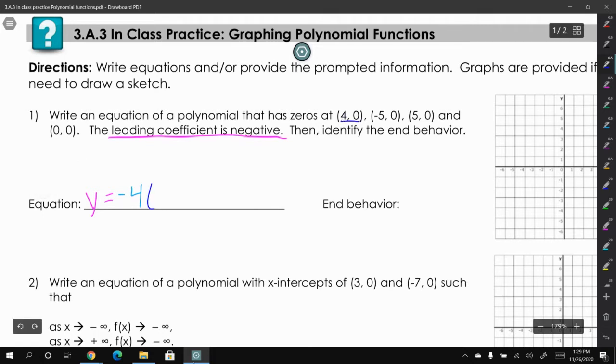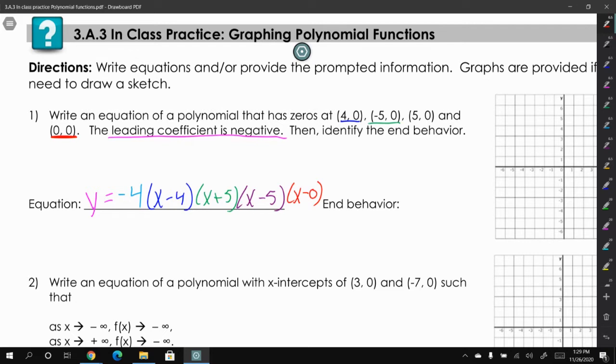I like to go through each one and say, okay, x minus 4, then x plus 5, x minus 5, and the last one, x minus 0. And we'll talk about what that means in a minute because we don't need to write minus 0.